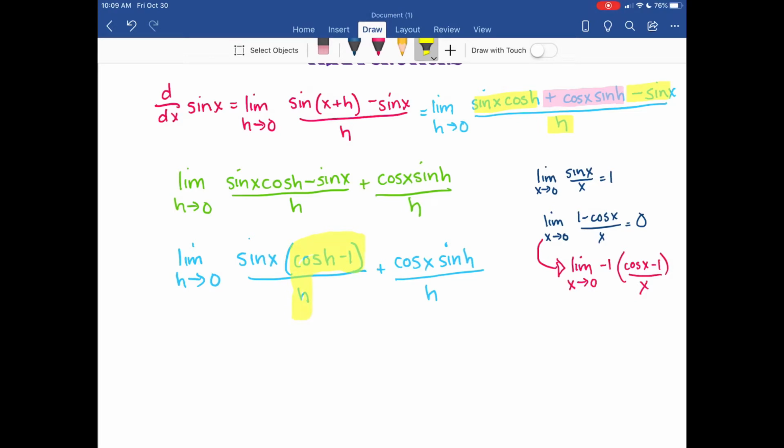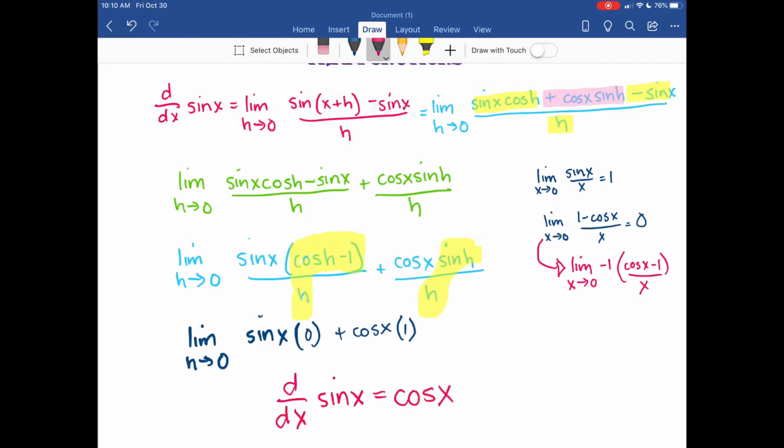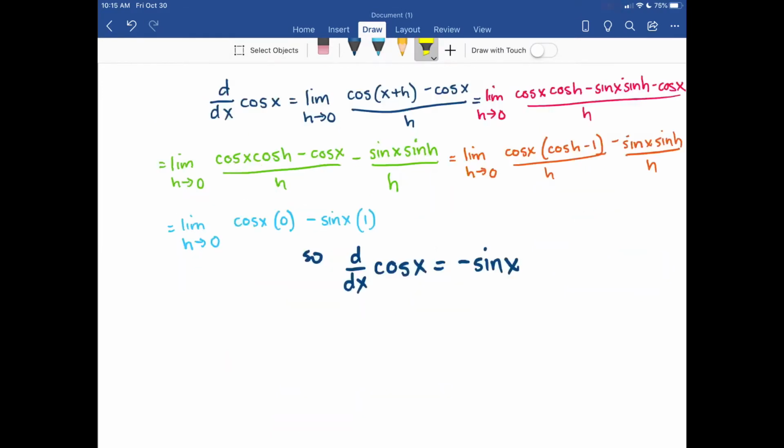We have this, and we have this. So we can replace those with what they equal. Now we can see the first of our trig derivatives. The derivative for sine of x is cosine of x.